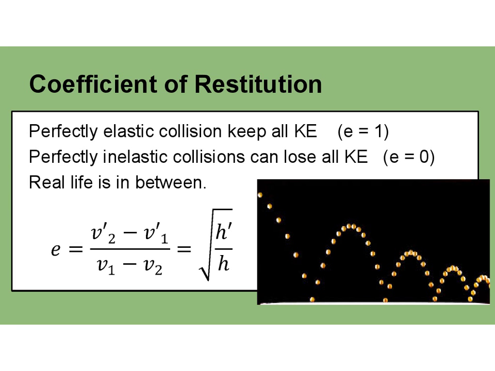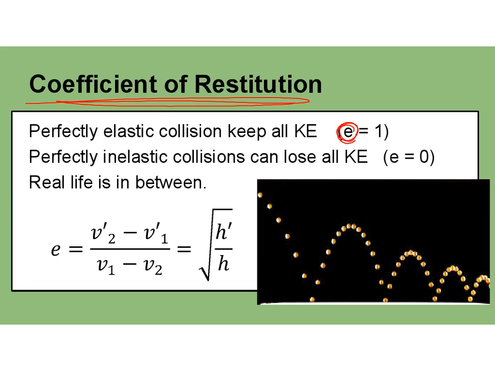Here's a topic that's not actually in your book, but I wanted you to see it. I think this is an important idea. We've talked about perfectly elastic collisions where the objects get to keep all of their kinetic energy. Kinetic energy is completely conserved. So we have this number called e, which we call the coefficient of restitution.